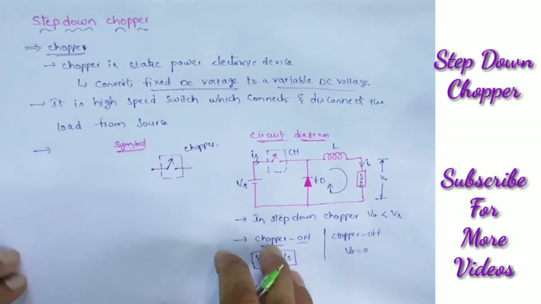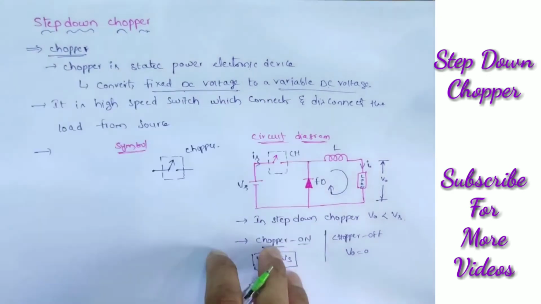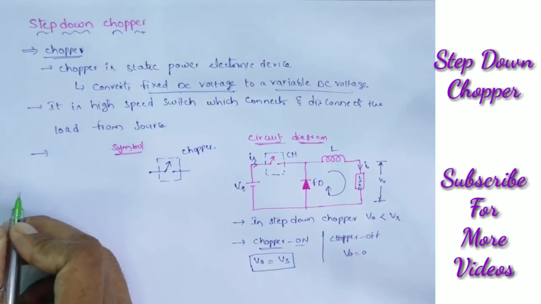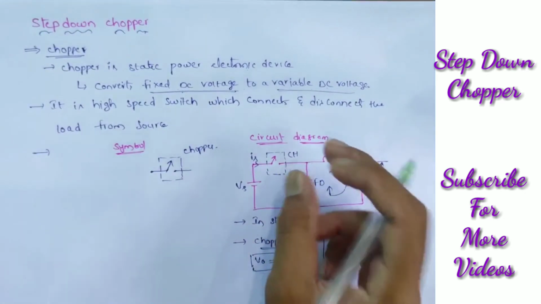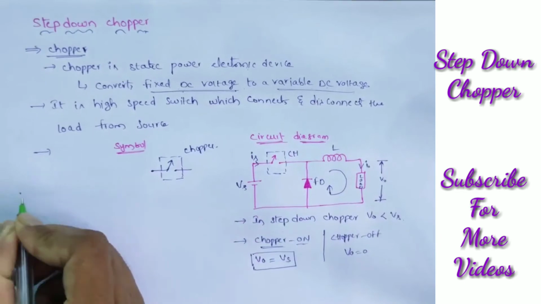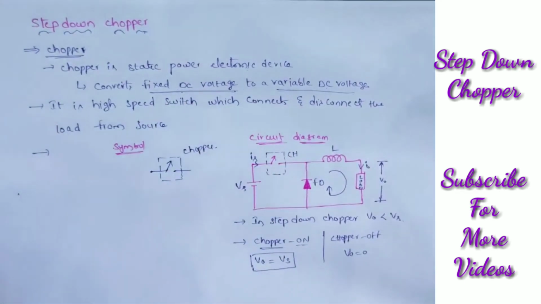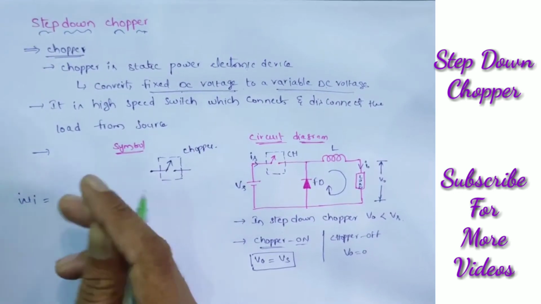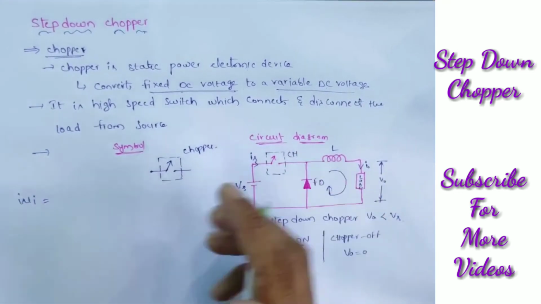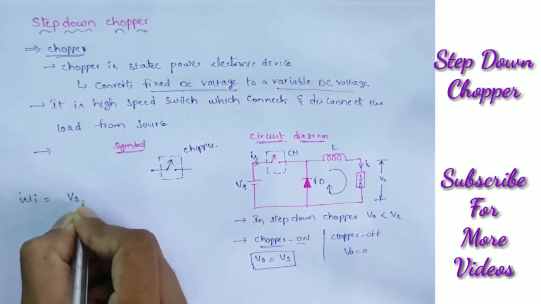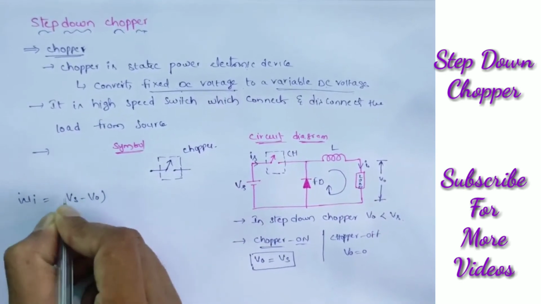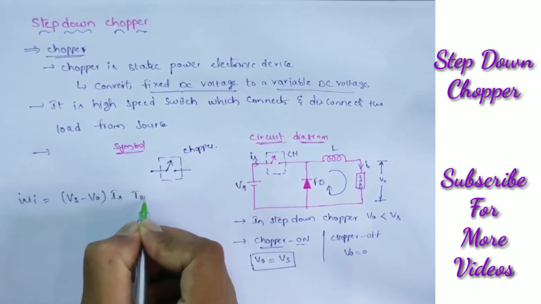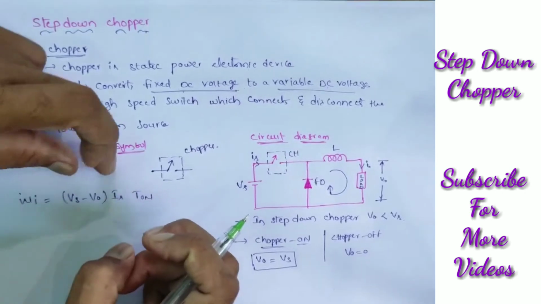Then let's discuss the derivation for the step down chopper. When the switch is in on state, we have to calculate the energies. That is Wi equals, during the chopper on state, supply voltage minus V0 into Is into T on. Why are we doing this calculation?